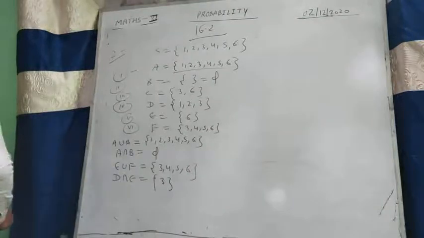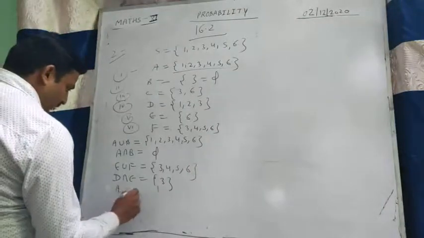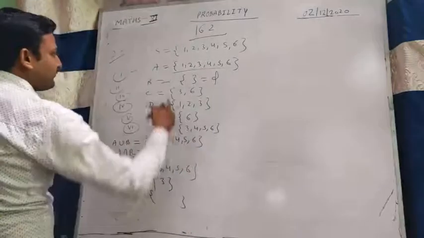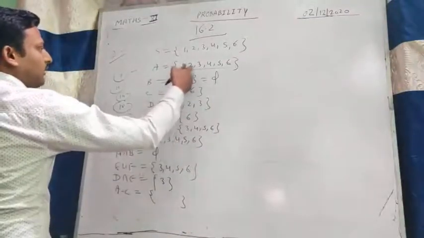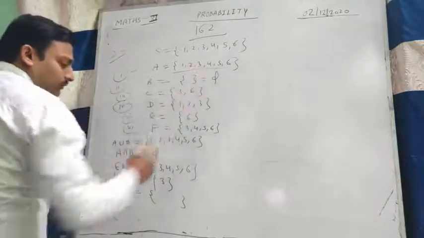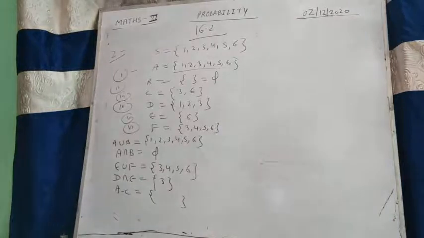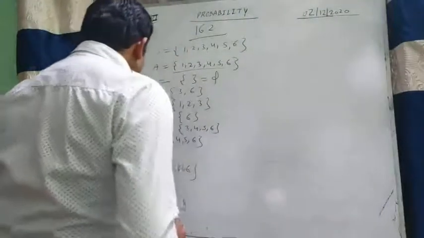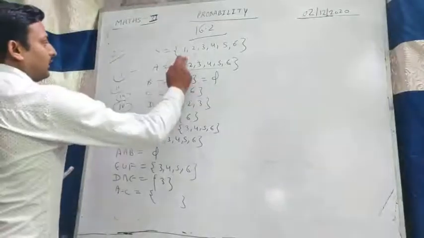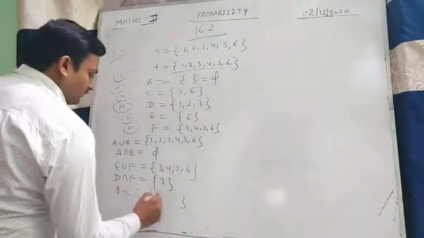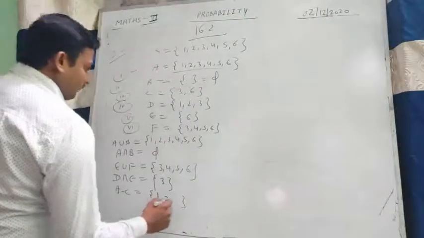Now A minus C. A is this and this is C. So leaving out 3 and 6, A minus C will be 1, 2, 4, 5.